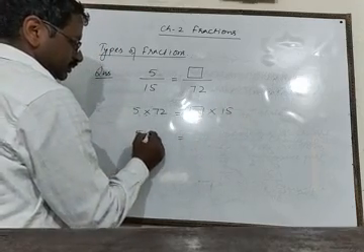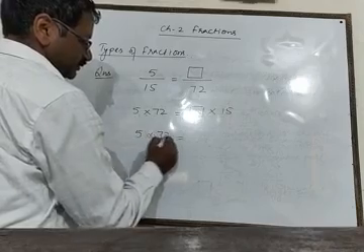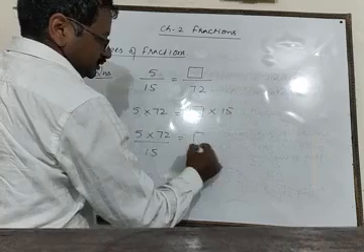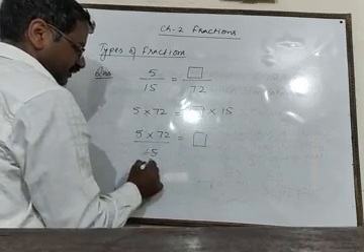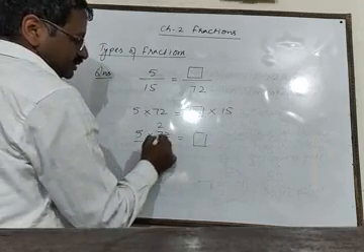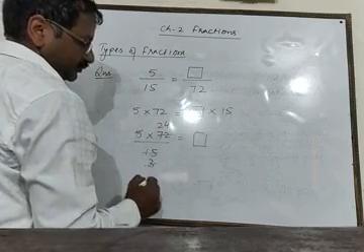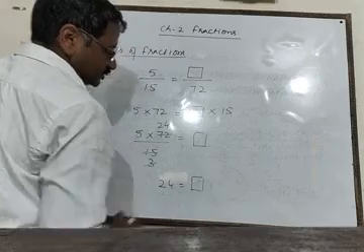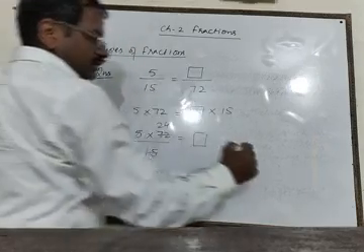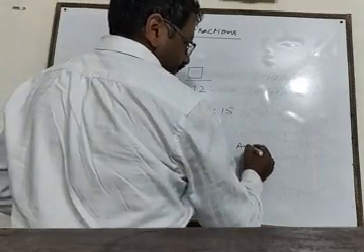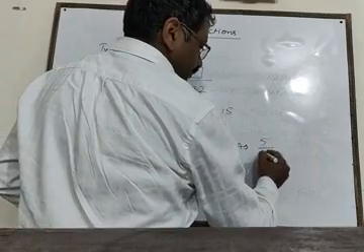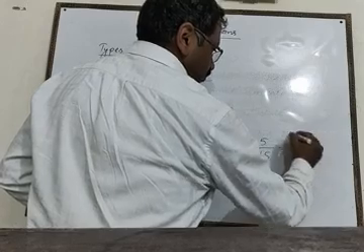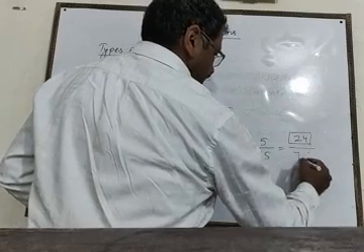Take the box on the right hand side and 15 to be shifted to this side. 5 3s are 15, 3 2s are 6, 3 4s are 12, 24 is equal to box. So the answer will be 5 upon 15 is equal to 24 in the box upon 72.